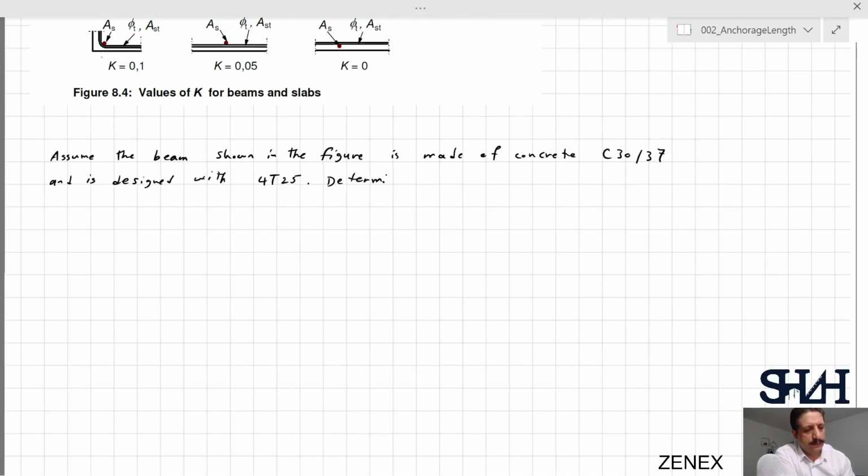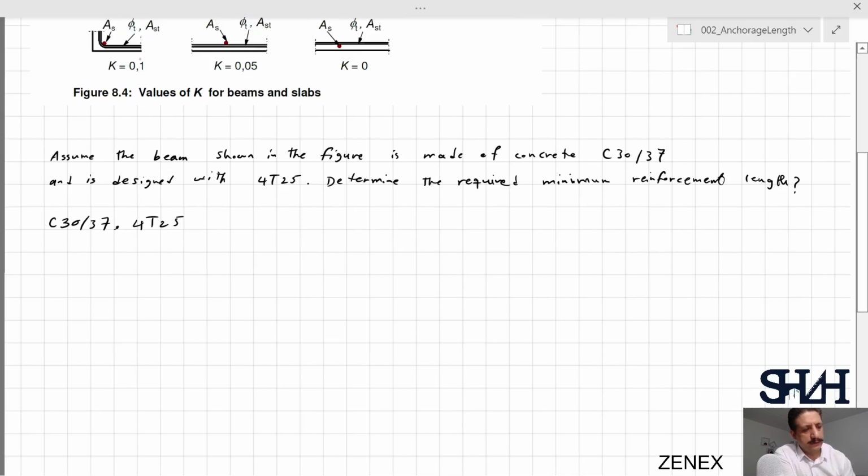Determine the required minimum reinforcement length. So we are talking about C30/37 and the diameter is Ø25.